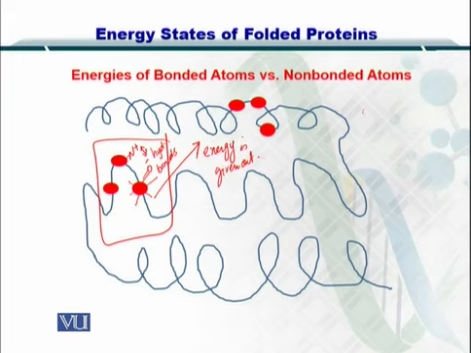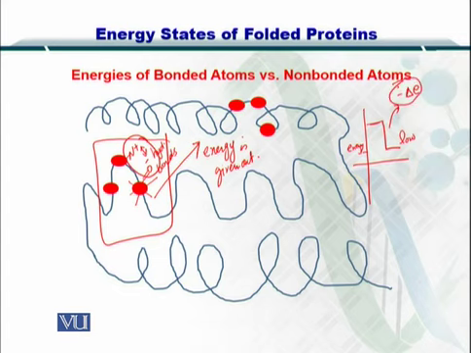So, if your protein structure had this much energy initially, after the formation of this hydrogen bond, the energy is lowered. So the energy given out is given by a negative number.